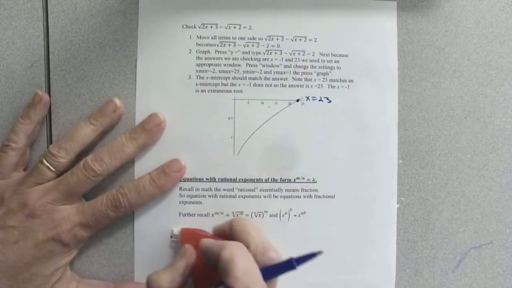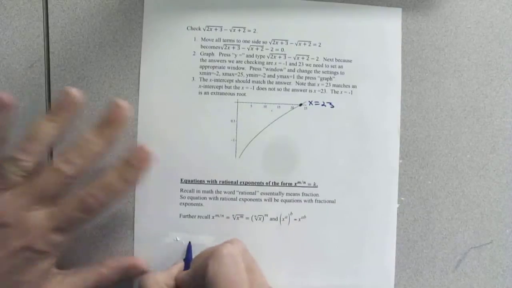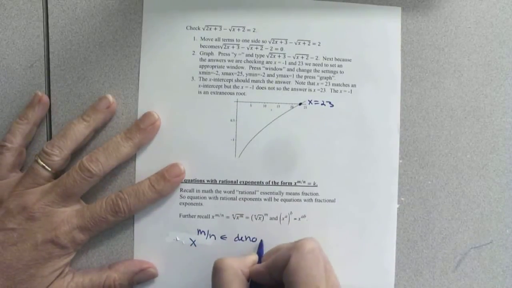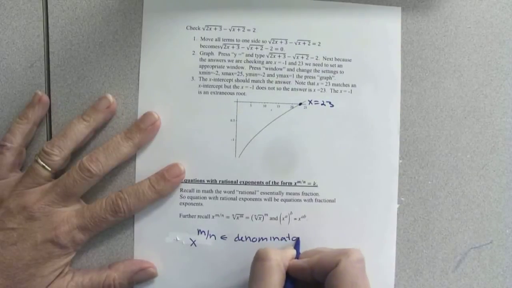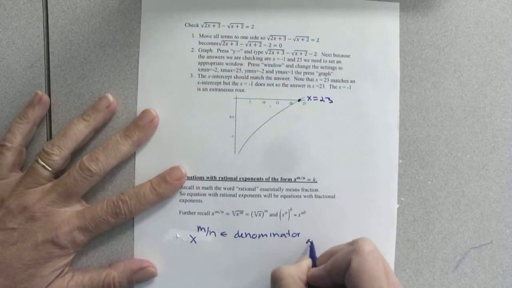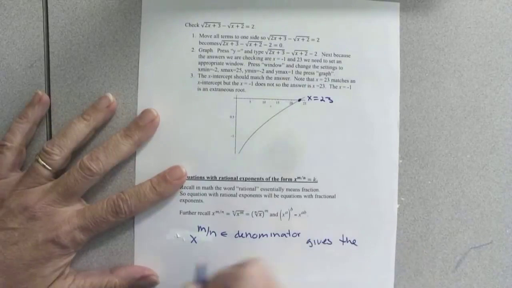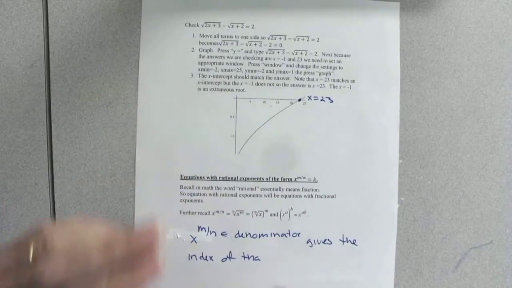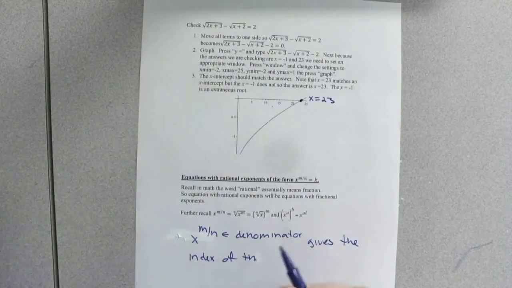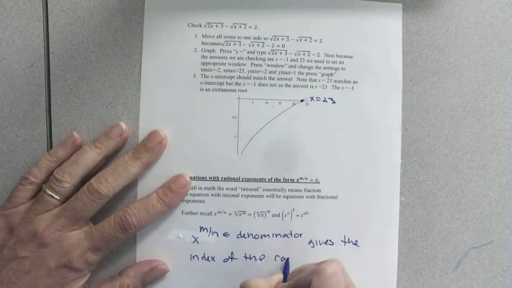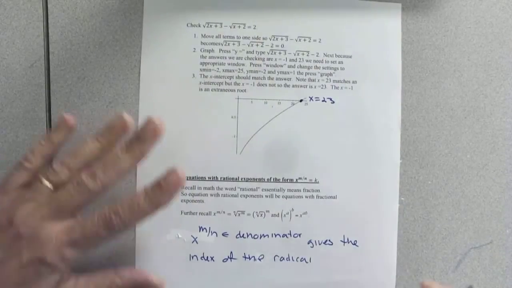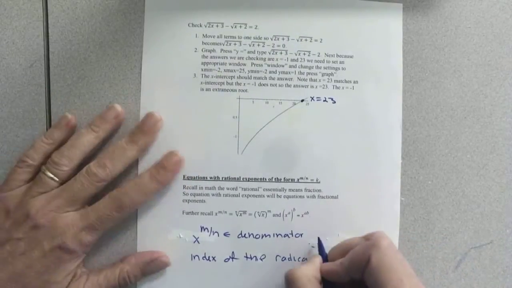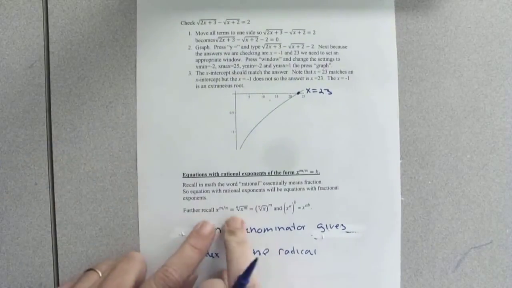Now let's write it this way. Then we have x to the m over n. The denominator gives the index of the radical. And so that's what we're seeing here.